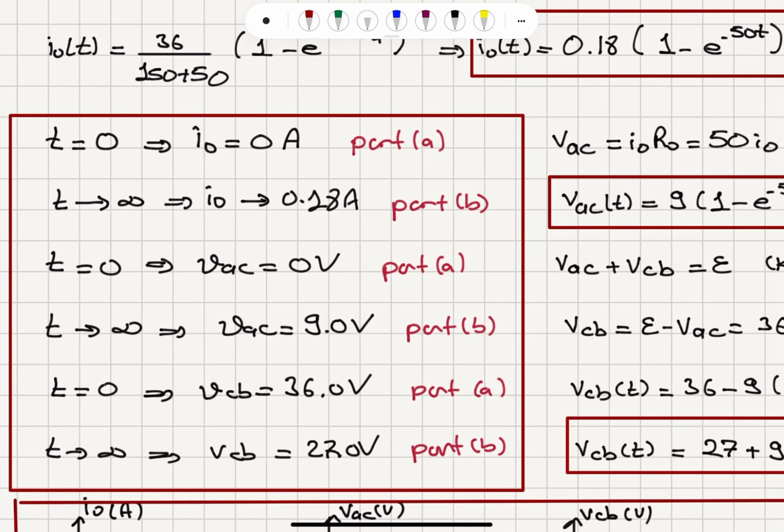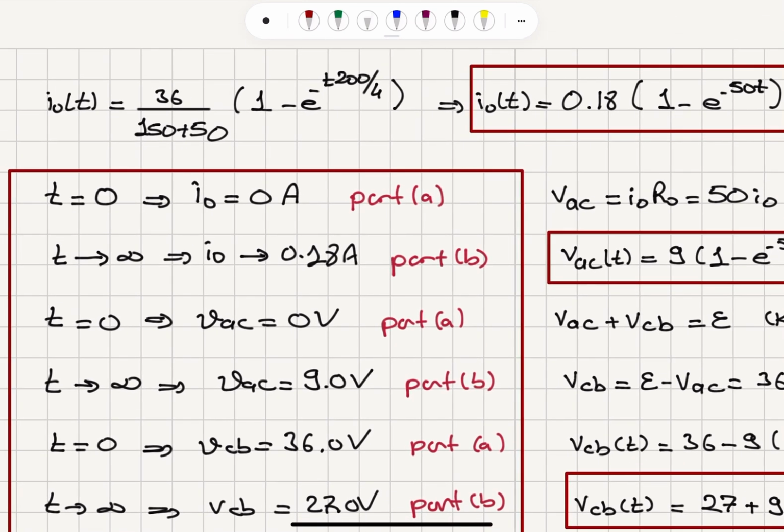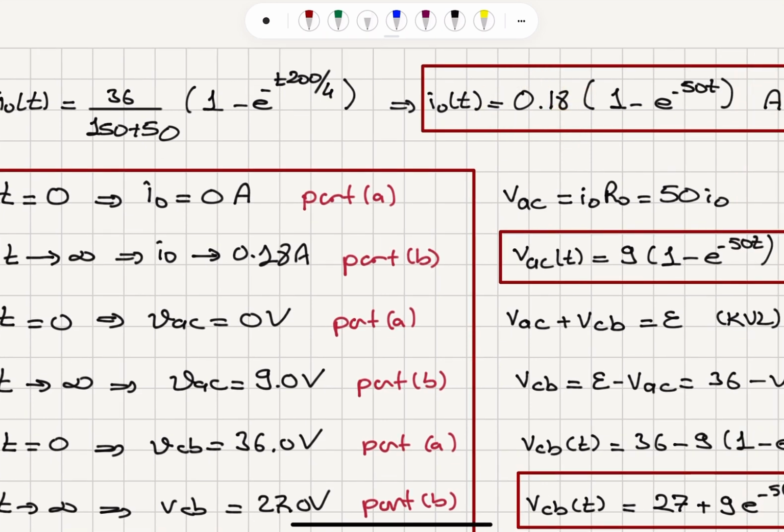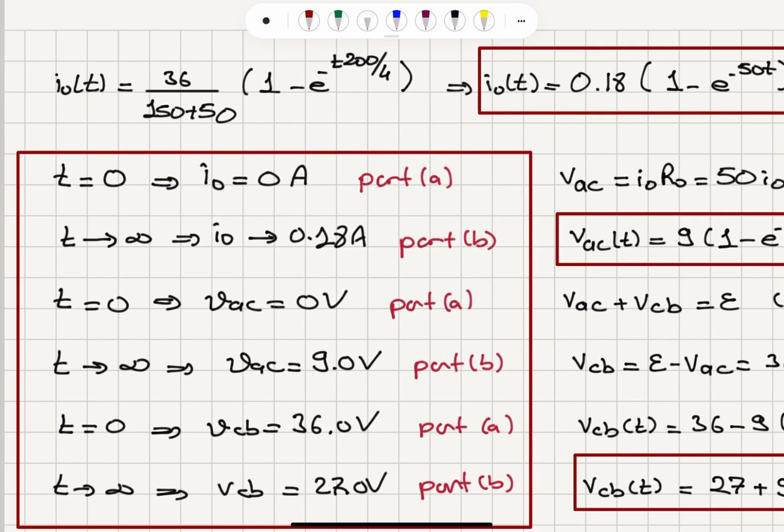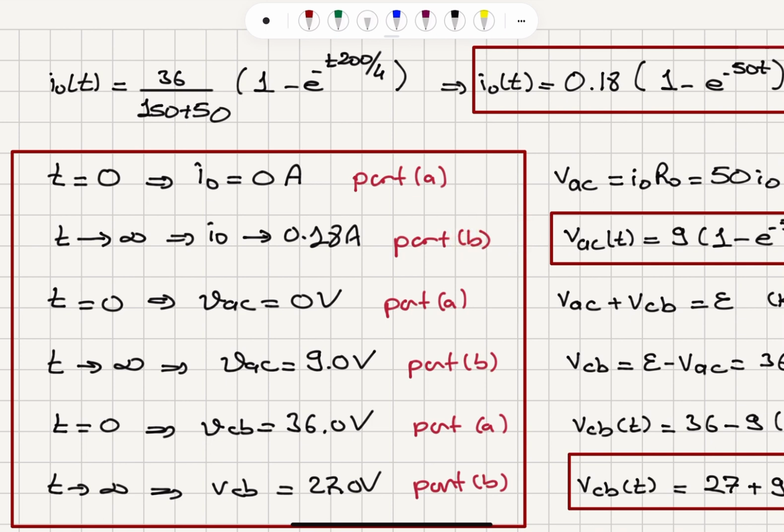Now, I have these answers from part A. At t equal to 0, I0 should be 0. At t equal to 0, 1 minus 1 is 0. Part B says as t goes to infinity, I0 should be 0.18 amps. As t goes to infinity, this goes to 0. That agrees with the part B answer.